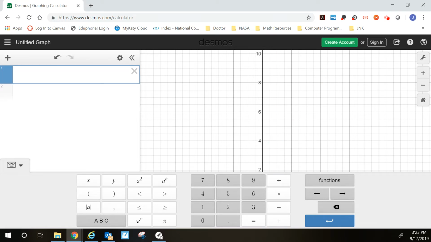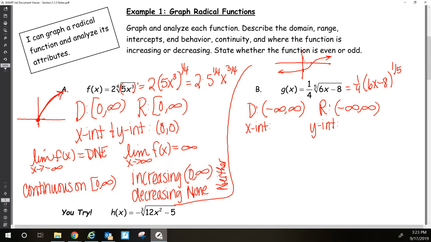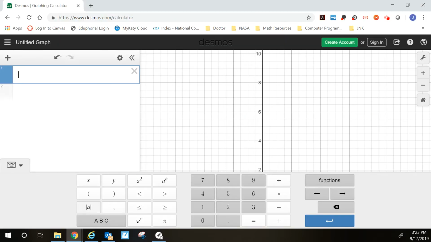Let's see. That was 1/4 times 6x minus 8 to the, oh my goodness, I'm out of a fraction. All right, times 6x minus 8 to the 1/5 power.